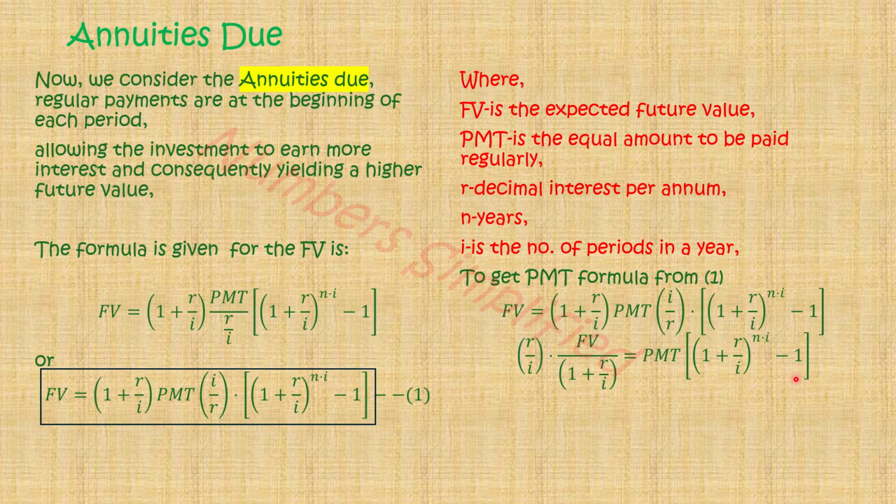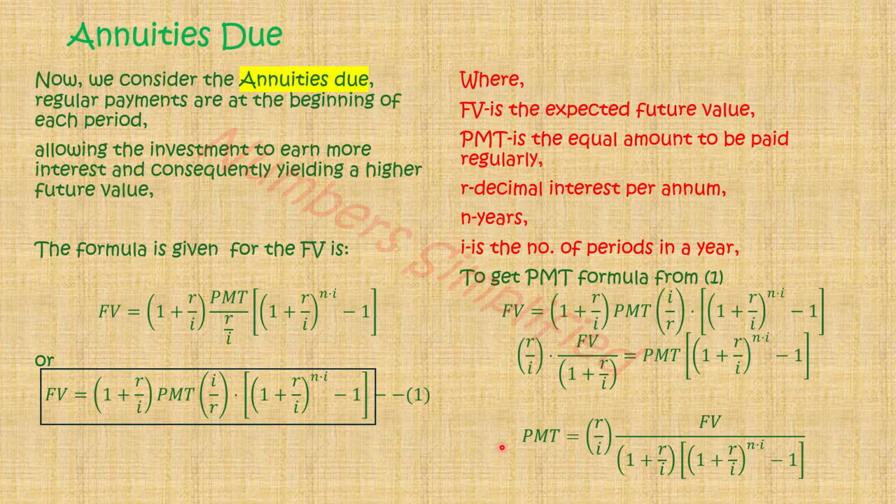The next thing would be to divide throughout by that particular chunk. So if we do that, we are going to have the PMT resulting to be R over I times FV, all over 1 plus R over I times, in square brackets or pair of parentheses, 1 plus R over I raised to the power Ni minus 1.